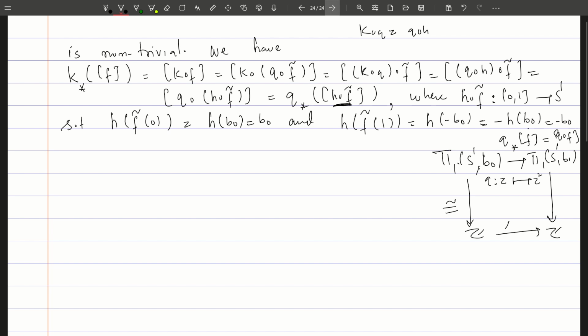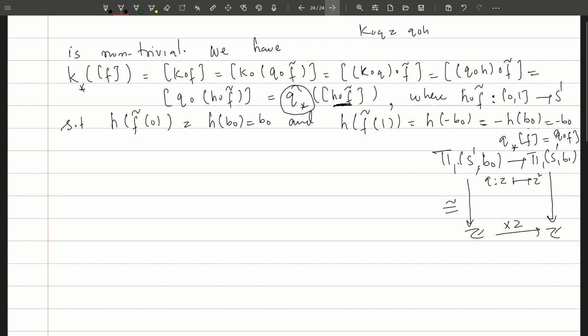So this corresponds to the multiplication map by 2. So this q star over here is non-trivial. I mean this is injective. So now this map q star being non-trivial implies this k star is non-trivial.